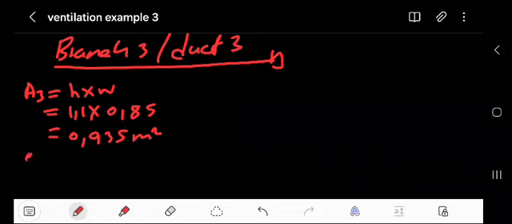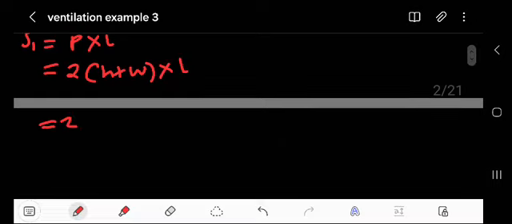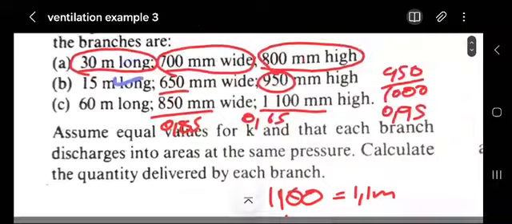Then what about the rubbing surface, which is perimeter multiplied by the length? Our perimeter of the rectangle is 2 times (height plus width) multiplied by the length. Then this will be 2 times (1,1 plus 0,85) times the length. The length is 60.